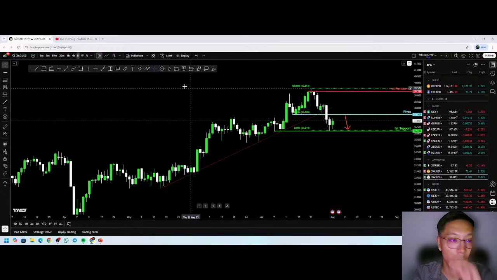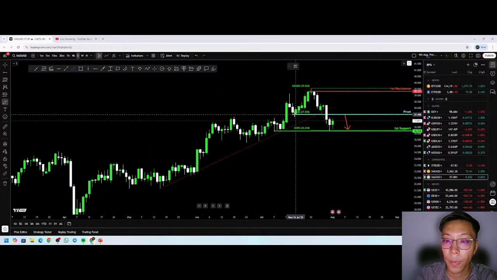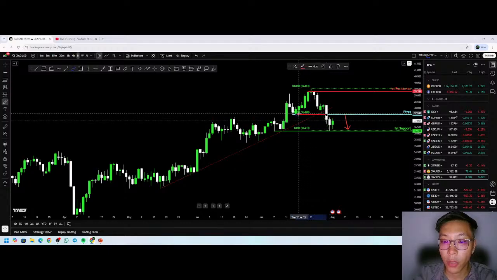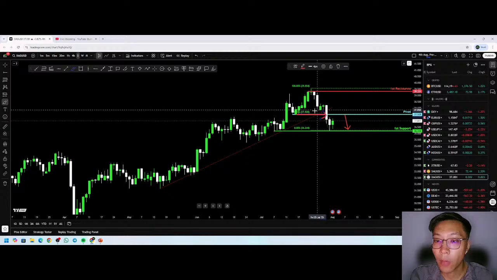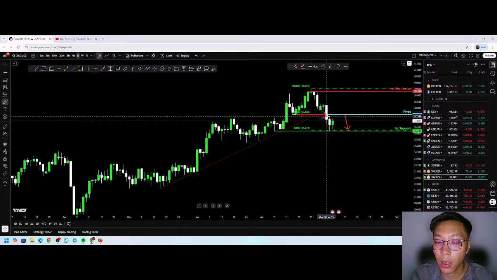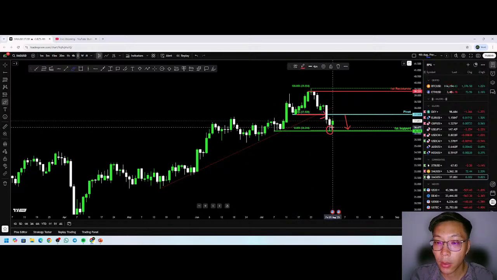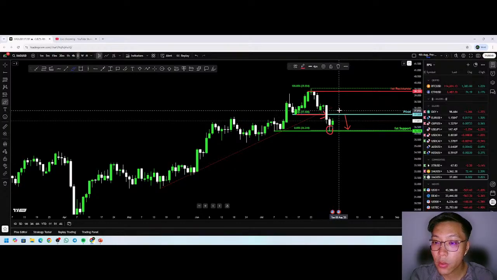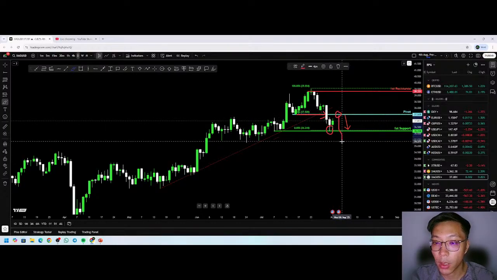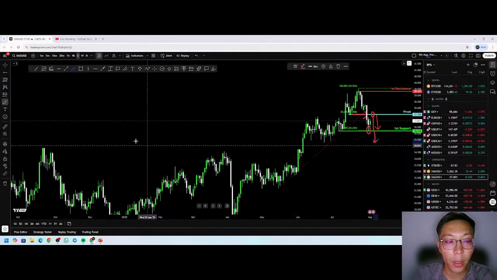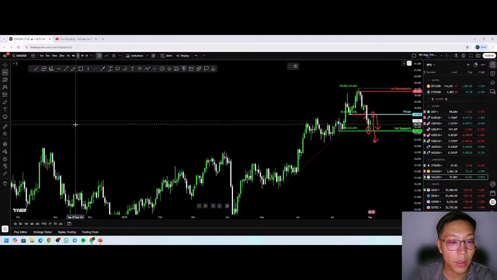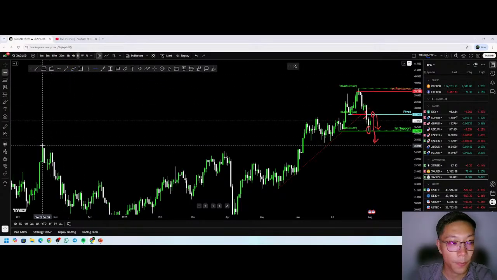Also we have our change of character over here. We have seen a first lower low, so we can see a lower high to create a lower low, even breaking past this first support level to react to this second support level over here.